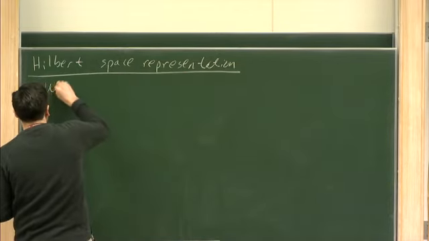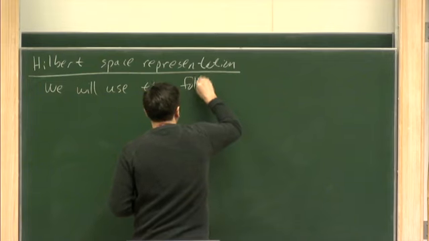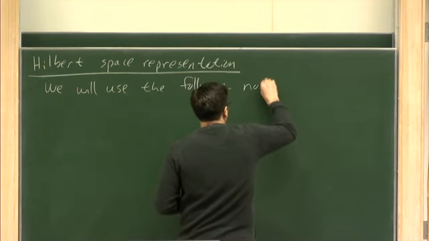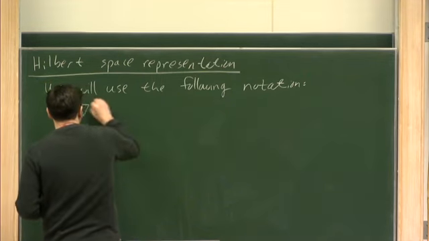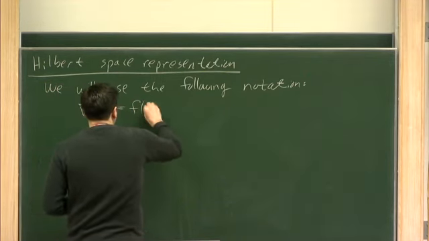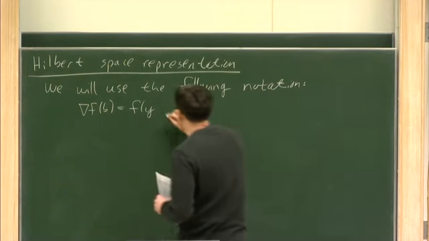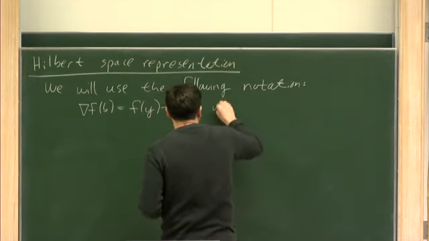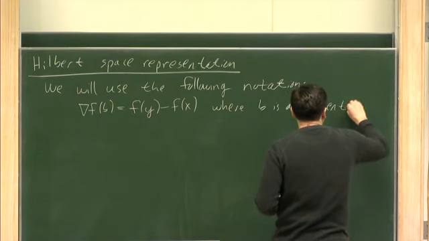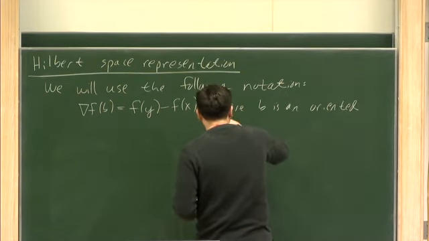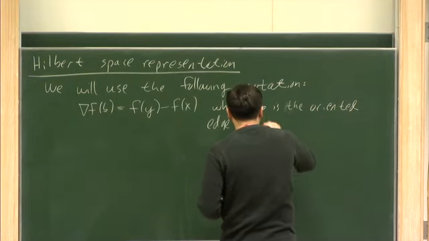So I'm going to use the following notation. For a function f defined on my graph, we're going to write nabla f of b for the difference between f of y and f of x, where b is the oriented edge connecting x and y.